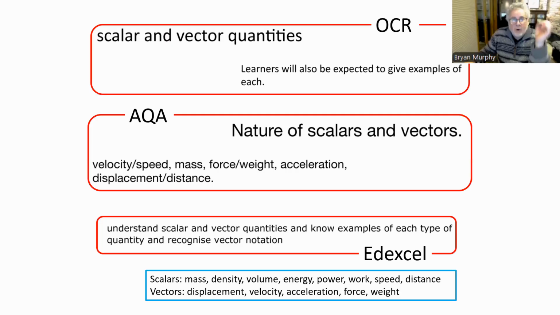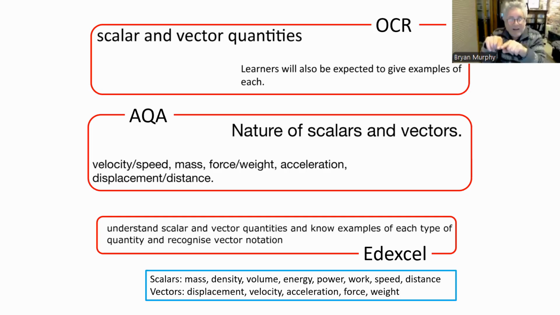Now, you know what all the vector and scalar quantities are because it's in the specification. I really like AQA. I really like Edexcel. Unlike OCR, which just says you've got to give examples of each, AQA and Edexcel actually give you the examples.